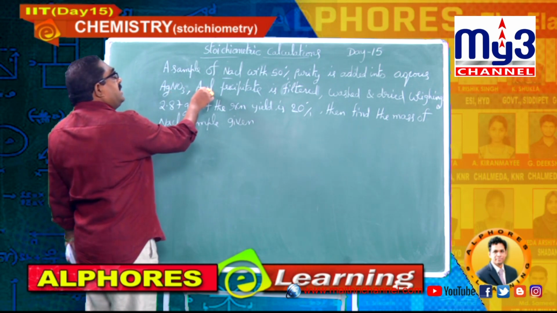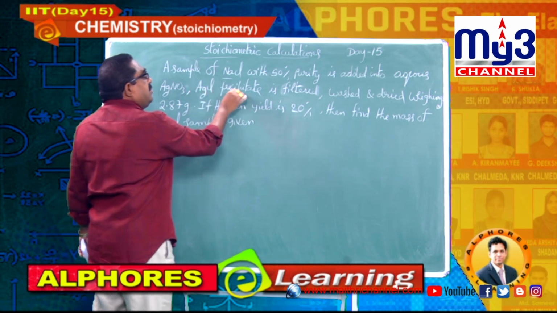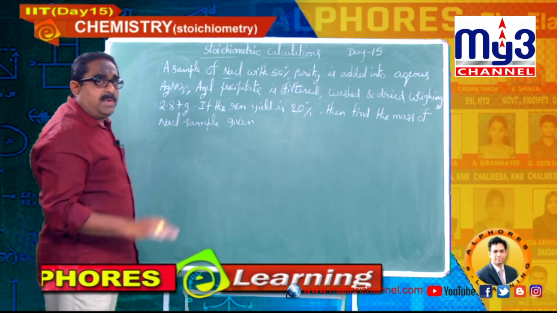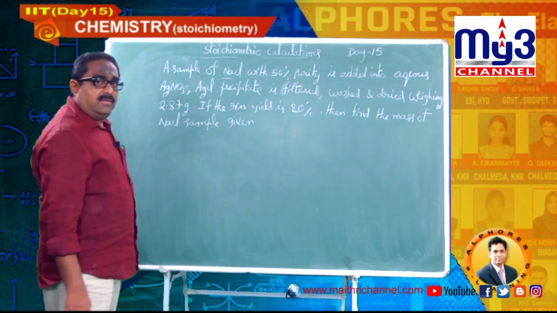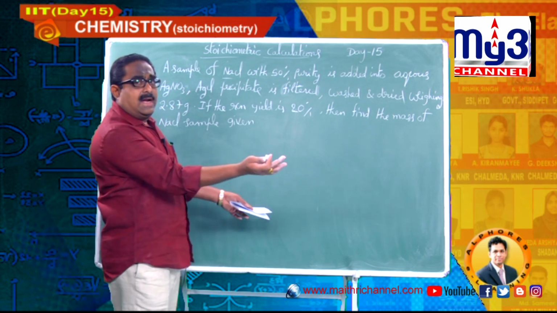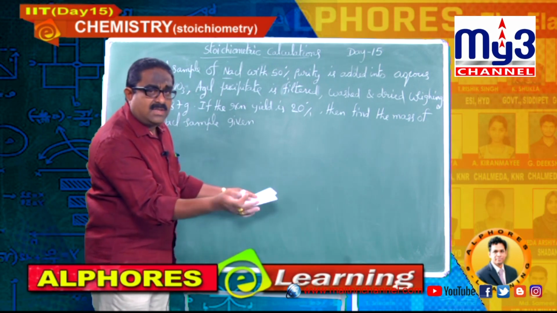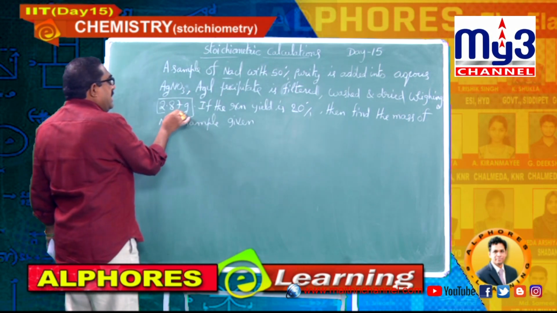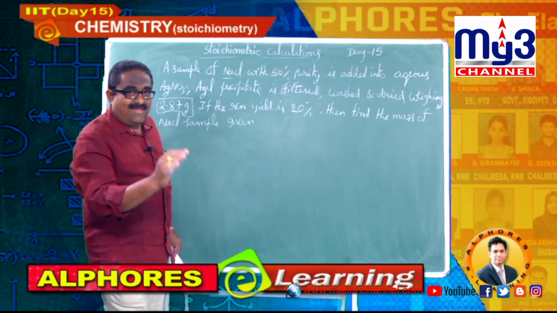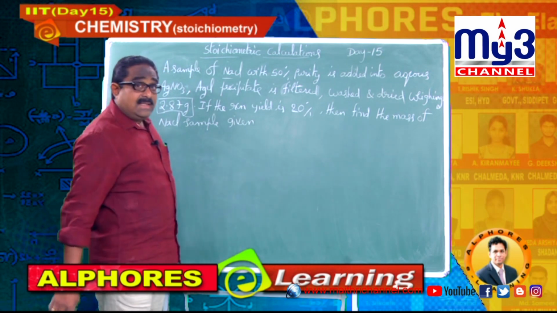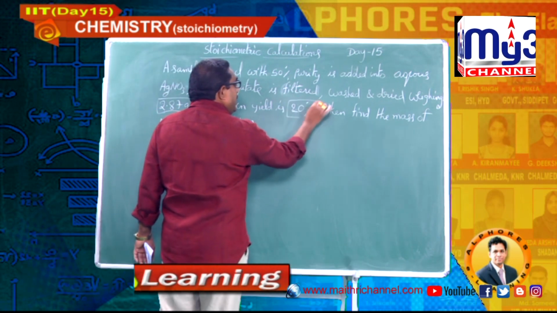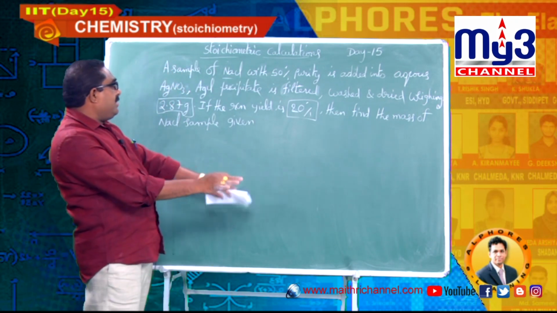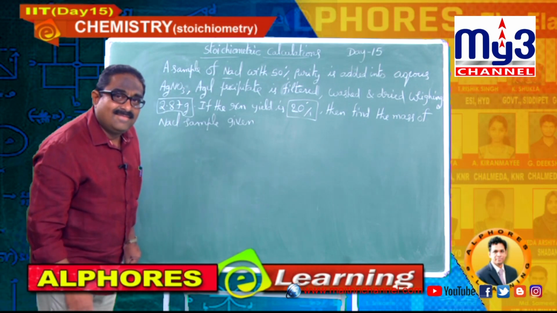From that he is getting silver chloride precipitate, which he has filtered, washed with water and finally dried. That mass he has given as 2.87 grams, and the percentage yield of the reaction as 20%. Then find the mass of sodium chloride sample given.